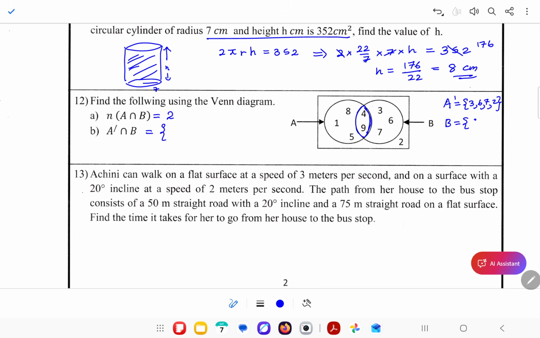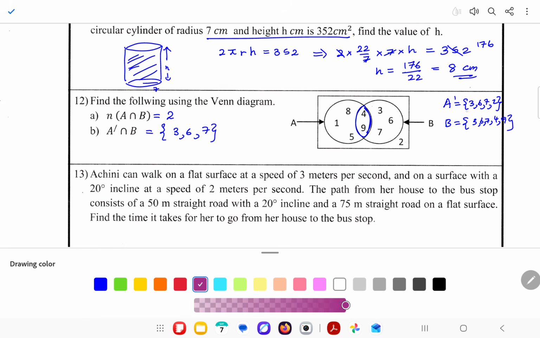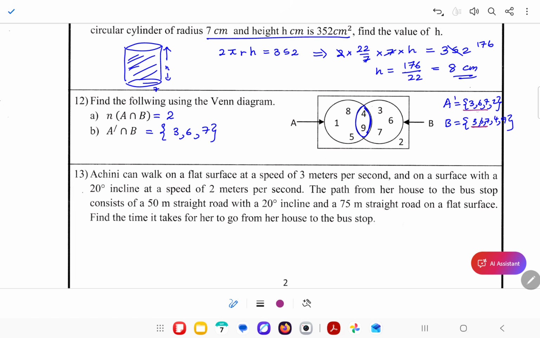B is 3, 6, 7, 4, 9. So the intersection between these two sets, A complement and B, is 3, 6, 7. Look for the common terms in A complement and B, which is 3, 6, 7.